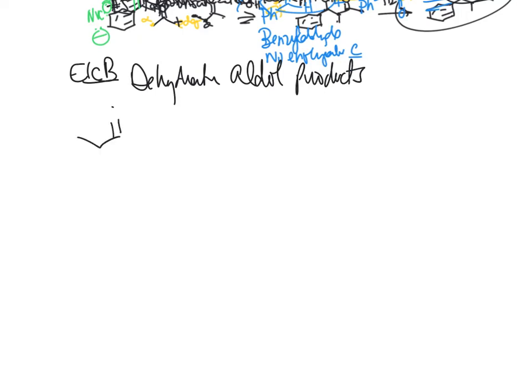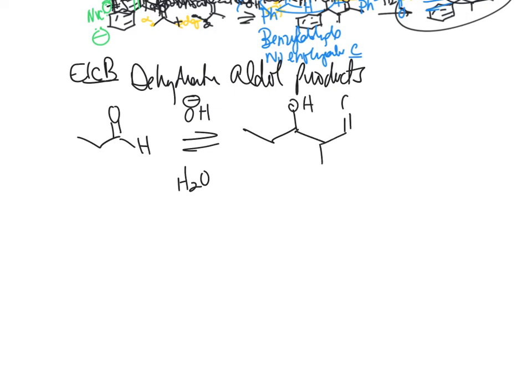So here you have an aldol, and you throw it in some sodium hydroxide catalyst, and you get your alpha, beta, hydroxy compound, 1, 2, 3, 4, 5, 6.